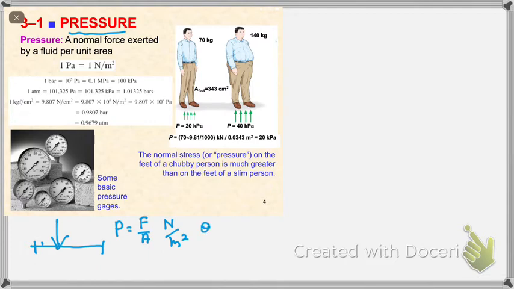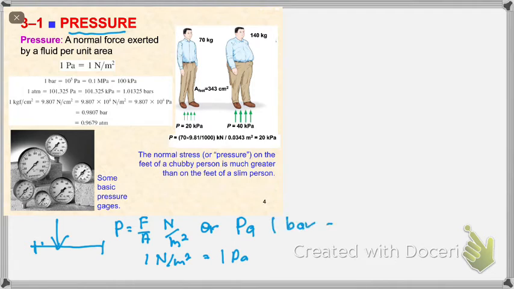So the unit for pressure is Newton per meter square. Another unit, which we will normally see in fluid mechanics textbooks, is Pascal. So 1 Newton per meter square is equal to 1 Pascal. It is also good for us to take note that some textbooks use bar.